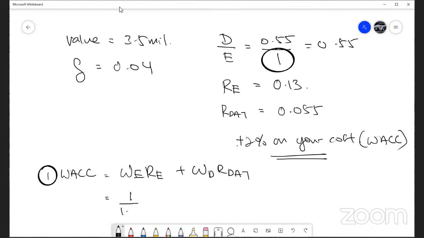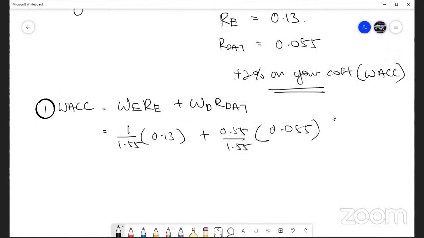So 1 over 1.55 multiplied by your 0.13, plus weightage of debt, debt is 0.55 out of 1.55, multiplied by 0.055. This will give you your weighted average cost of capital, 0.1034 or 10.34%.